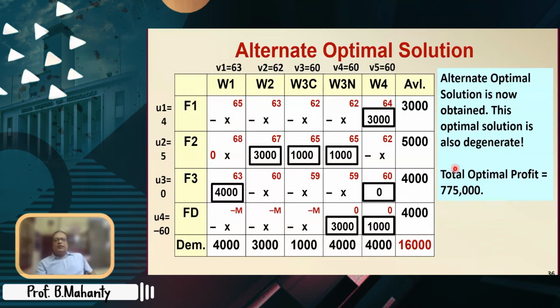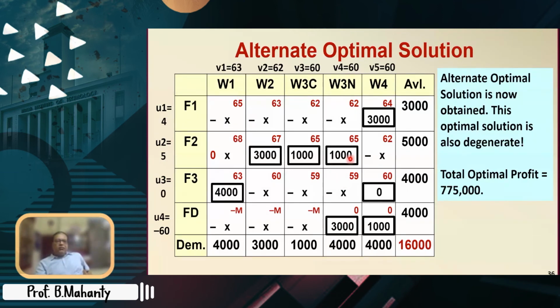And look here, this is also degenerate because there is a 0 here. And this 0 indicates that from this alternate optimal solution, again, you can go back to the original optimal solution. Now look here, what does this solution mean? What this solution means is that additional 4000 units are to be divided in this manner.